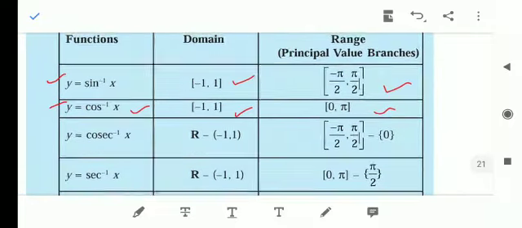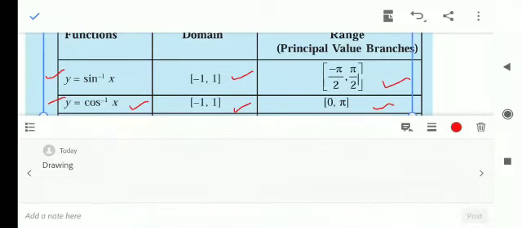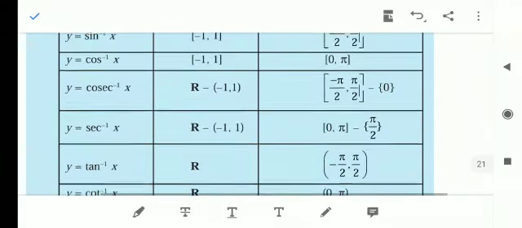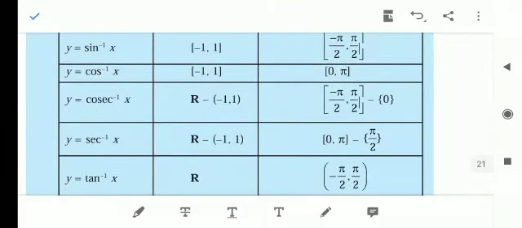And then you alternately write minus pi by 2 to plus pi by 2, 0 to pi, and so on. You can see these values alternate, but in the case of cosec and sec inverse, we have the middle term left out, that is 0 and pi by 2.